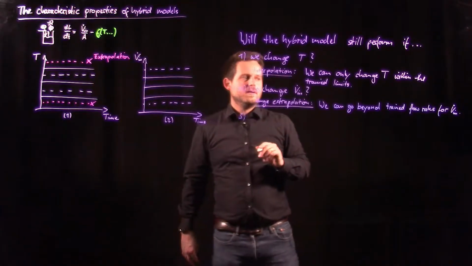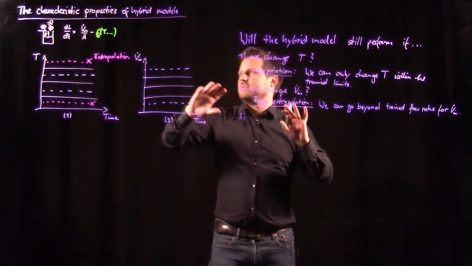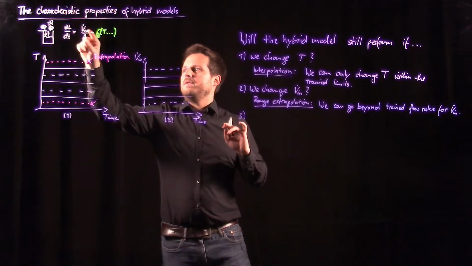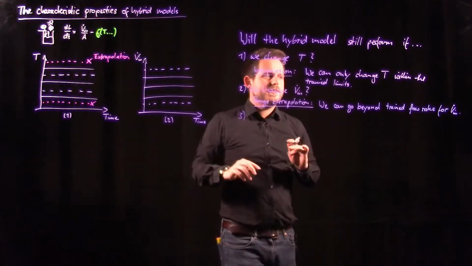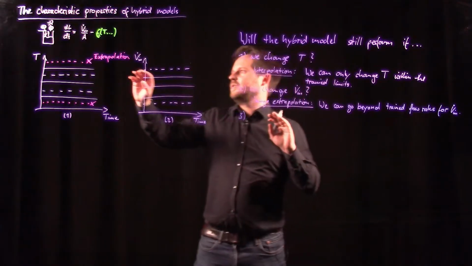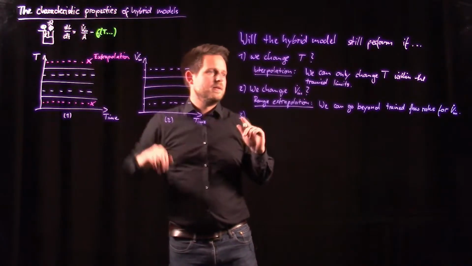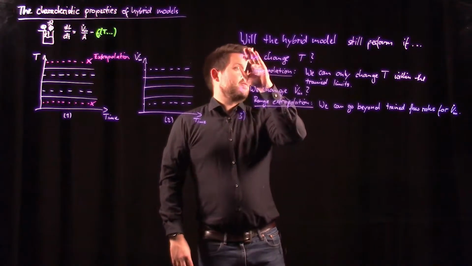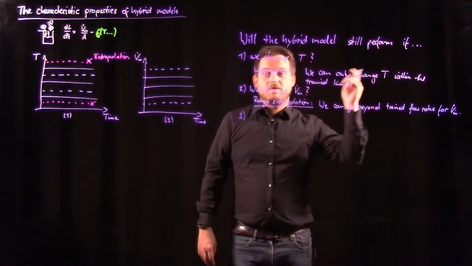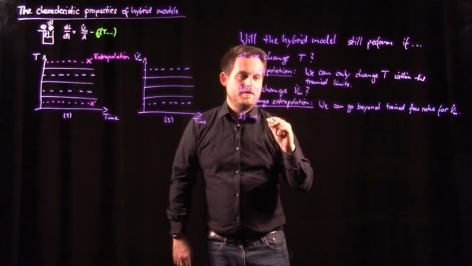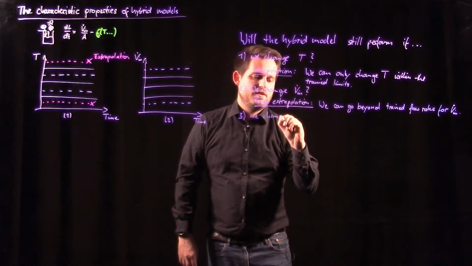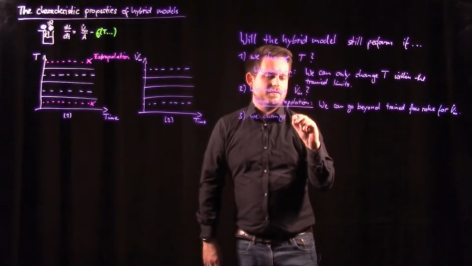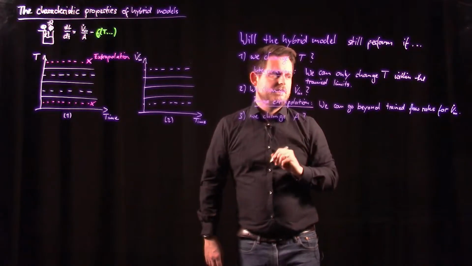Thirdly, now we talked about these two factors we varied in our experiments: temperature and volume flow. But what if I actually change the tank size A? So the question: will the hybrid model still perform if we change our tank size or the tank diameter, cross-sectional area A?